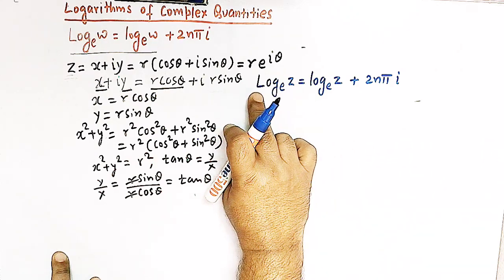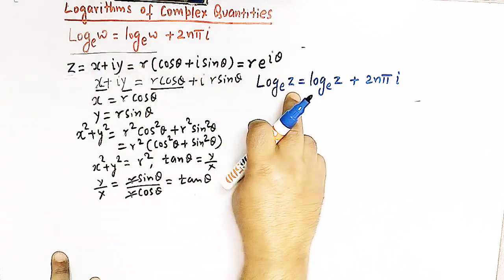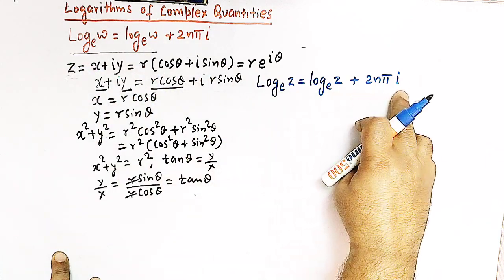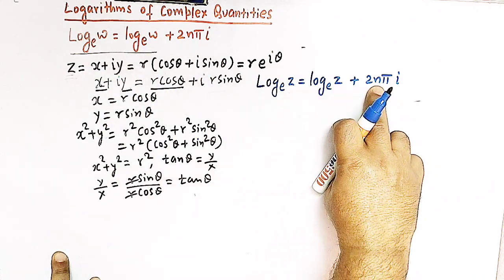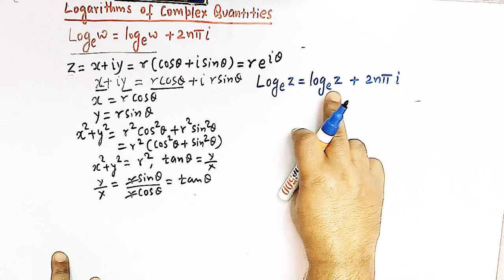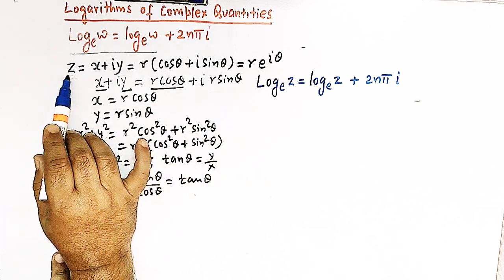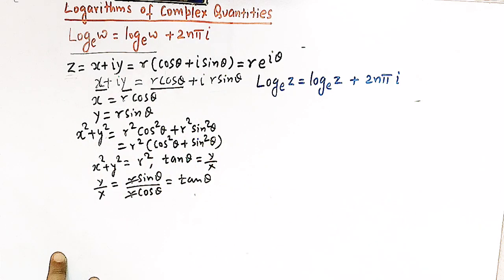So the general value of the logarithm of this complex number z can be written like this, and it depends on n, right? So when we take n is equal to 0, then we get the principal value of the logarithm of this complex number z.